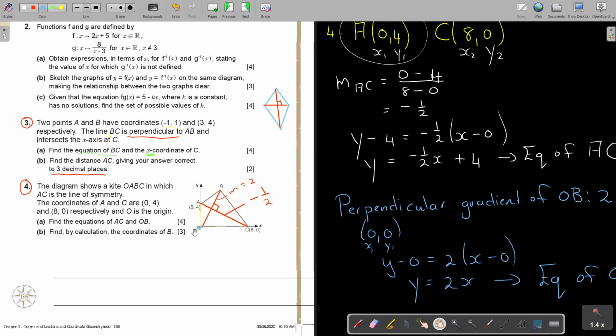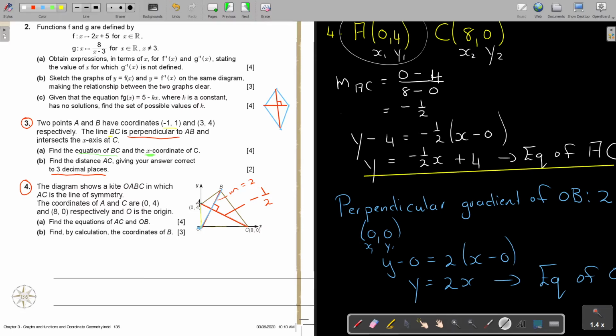Now, they say, find by calculations the coordinates of B. Now, first, this one is now blue, let's just make it blue. And I have AC, let's make it yellow.